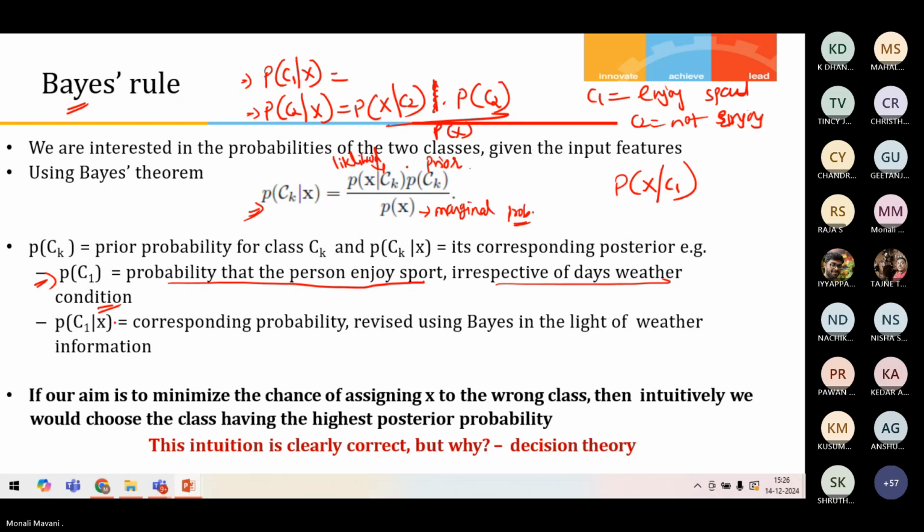But can that probability change? If features are incorporated, that means if the weather conditions are incorporated, will that probability change or not? That means we are changing this prior based on this Bayes rule. And that's what we call the posterior probability.